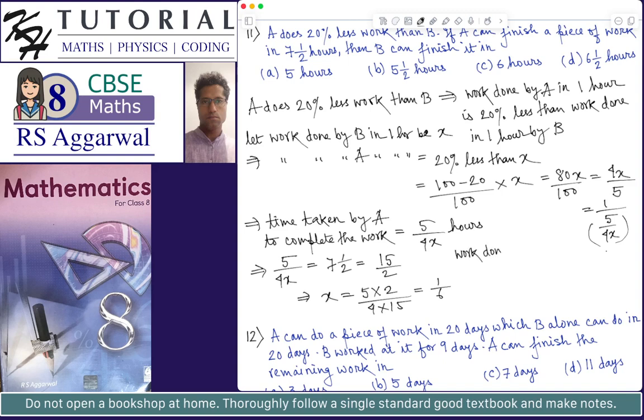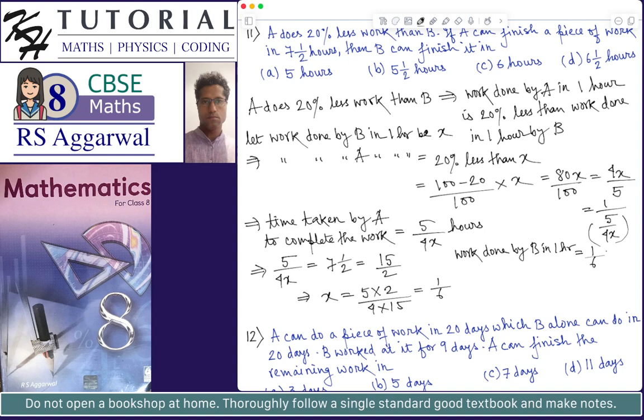Since we have assumed that the work done by B in 1 hour is X, and X is found to be 1 by 6, we know that the work done by B in 1 hour is 1 by 6.